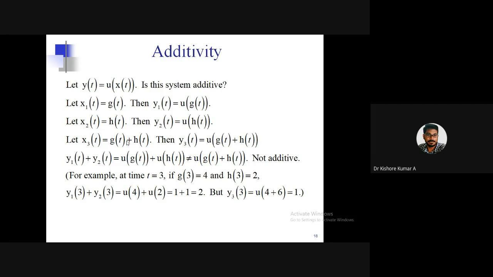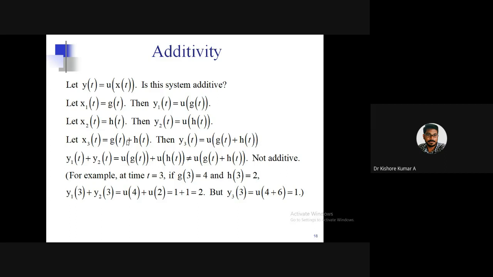Let x3 be g of t plus h of t, then y3 becomes u of g of t plus h of t. Now you add y1 of t plus y2 of t, so you get u of g of t plus u of h of t, which is not equal to u of g of t plus h of t, because the arguments are not the same. Therefore it is not additive.